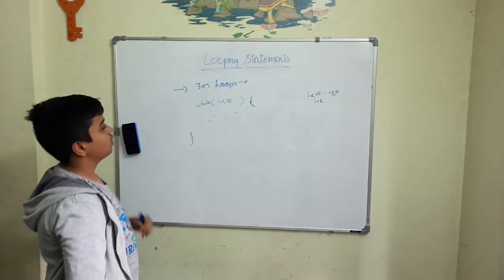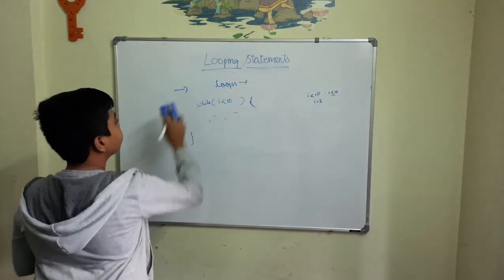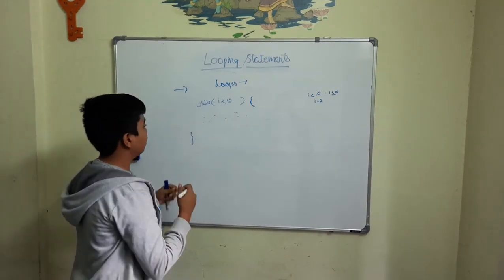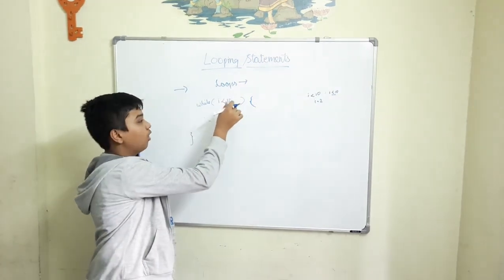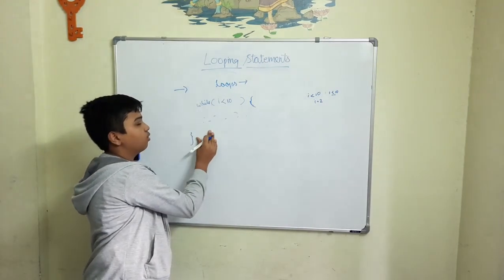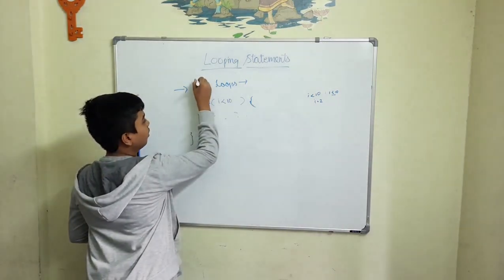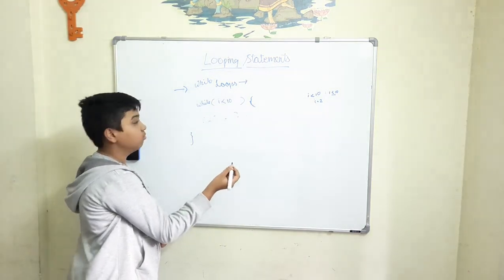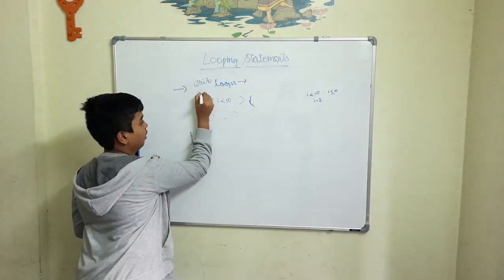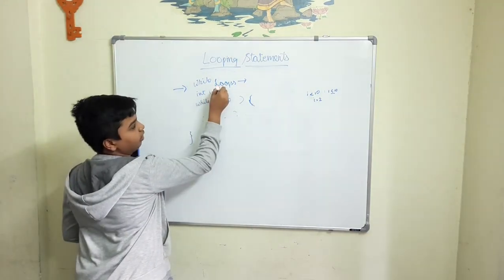Just now I showed you the for loop, how you can remove the initialization and the implementation out of the parenthesis and keep it outside. That's what is done in while loop. The initialization of the value should be outside the loop, in I equals, let's say 1.